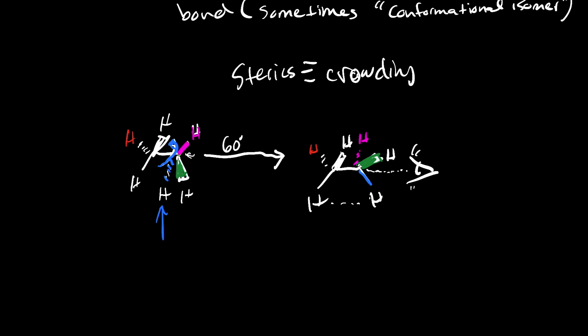But that's the idea: you have this eyeball of science that can look down and see the difference between these different conformations, which I have previously called staggered and eclipsed. All right, so the staggered and the eclipsed conformation.